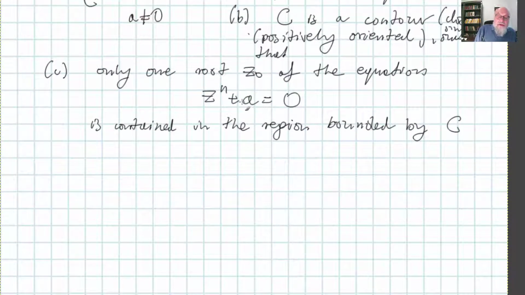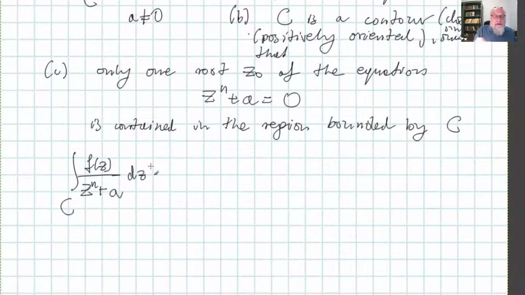Since you have this root, I can write it down: the integral over C of f of z, which is analytic so there is no problem here, over z^n plus a, dz. First, we notice that z0 is a simple pole.